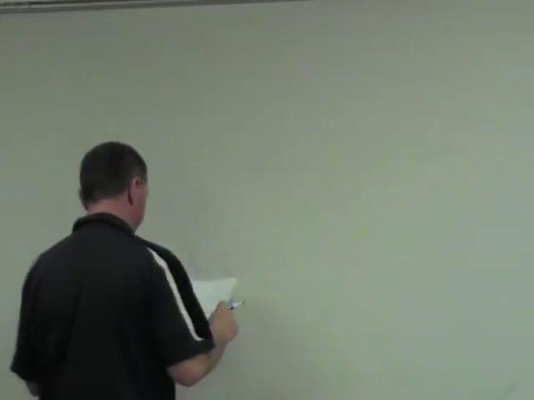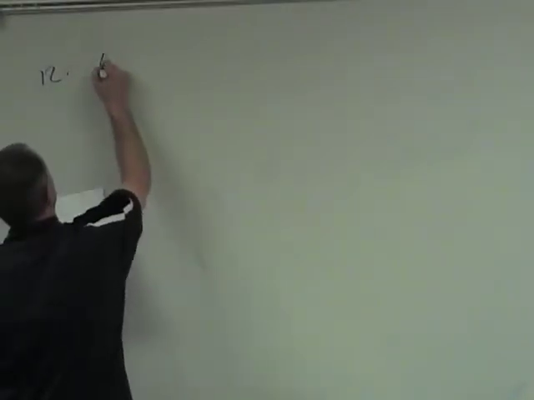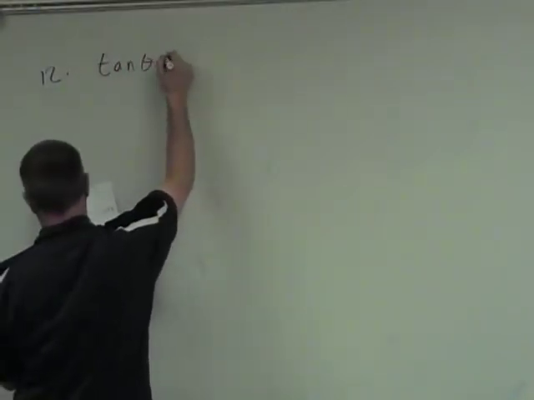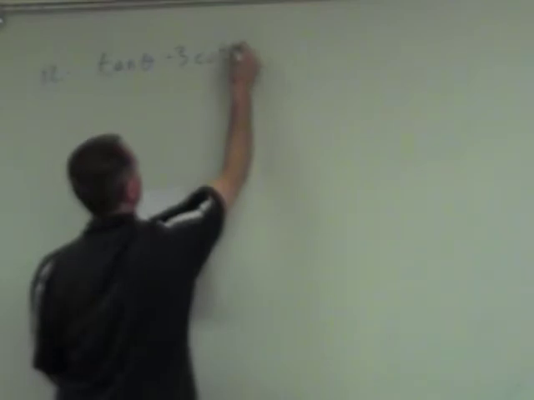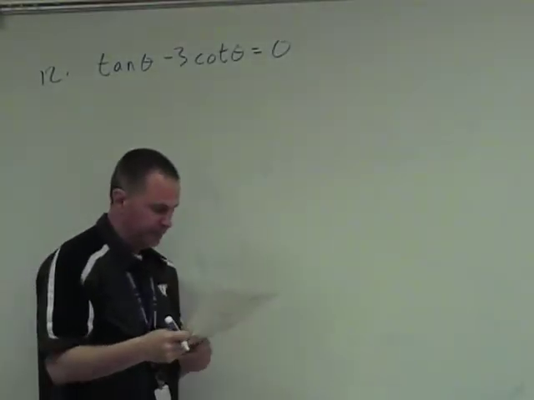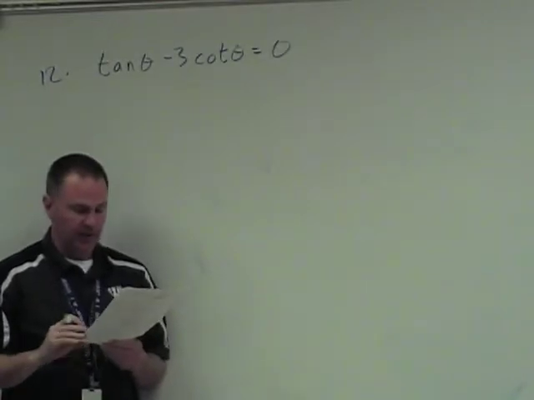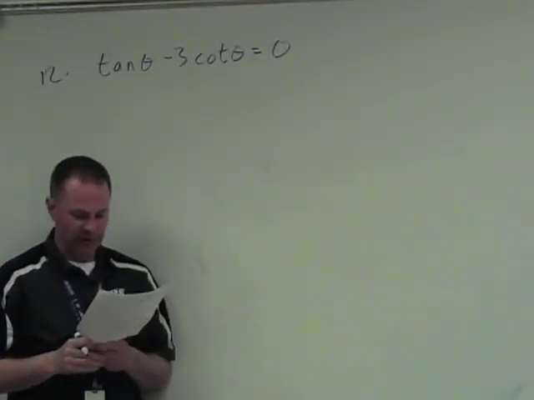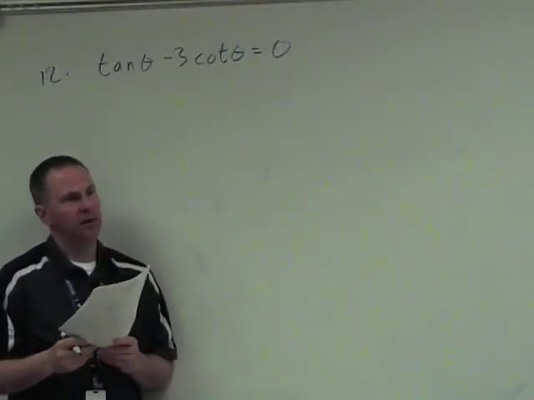All right. Let's see a harder one. Yeah, let's do a harder one. Tangent of theta minus 3 cotangent of theta equals 0. There are no squares here, nothing specific.